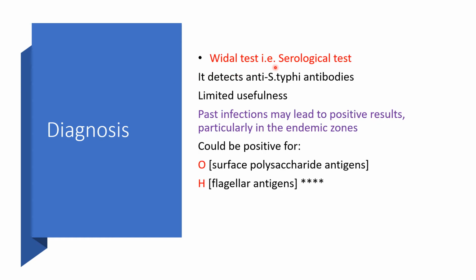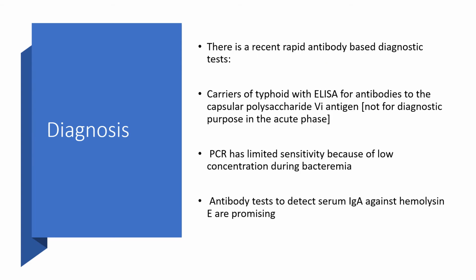Next, the Widal test, meaning the serological test. This would detect anti-Salmonella typhi antibodies, but it has limited usefulness, while past infections may lead to positive results, particularly in the endemic zones. It could be positive for O, that is surface polysaccharide antigens, and H, that is flagellar antigens.